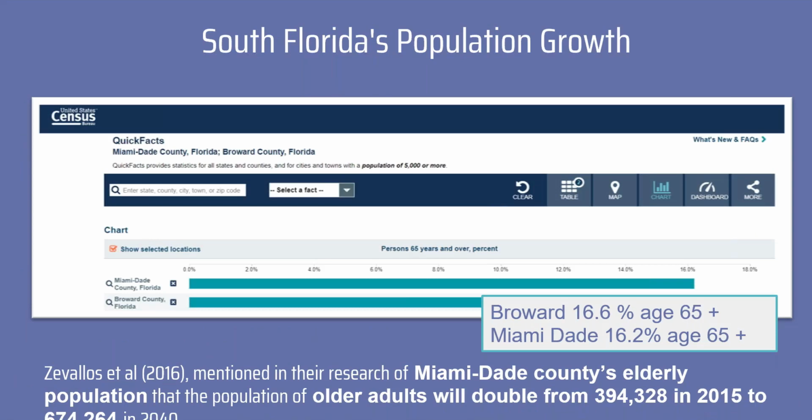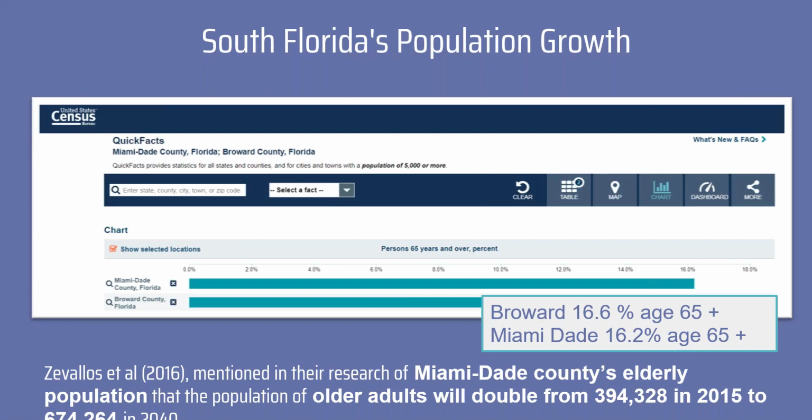If we narrow down the population growth perspective to South Florida, according to the US Census Bureau's data, almost 16% of the population is elderly in Broward and Miami-Dade County.